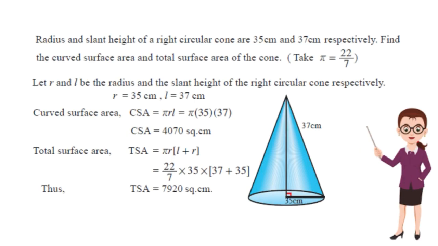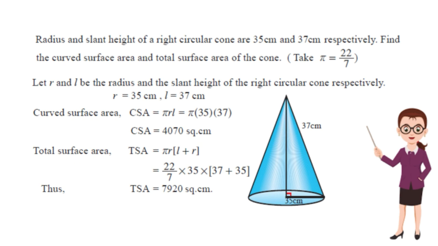Now we will solve one problem related to cone. In the given problem, the radius and slant height of a right circular cone is given as 35 centimeter and 37 centimeter respectively. We need to calculate the curved surface area and total surface area of a cone.